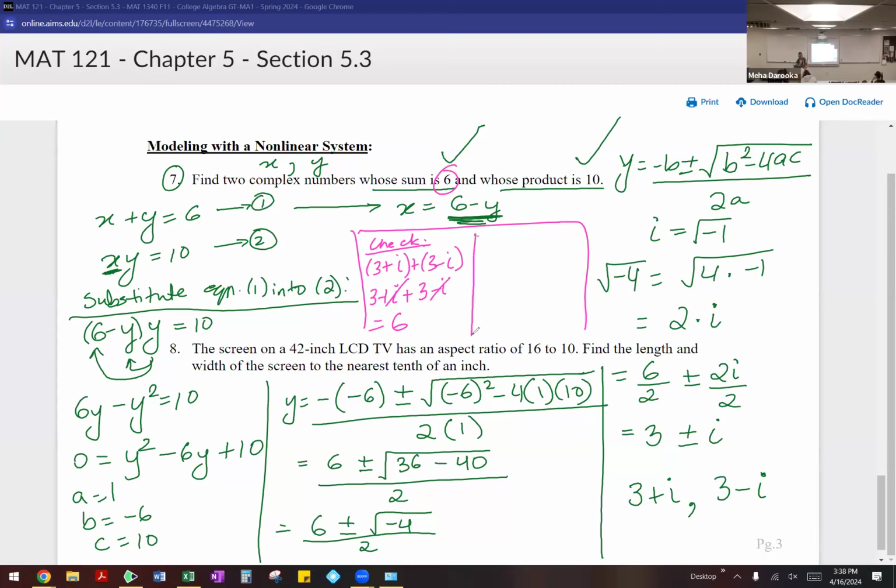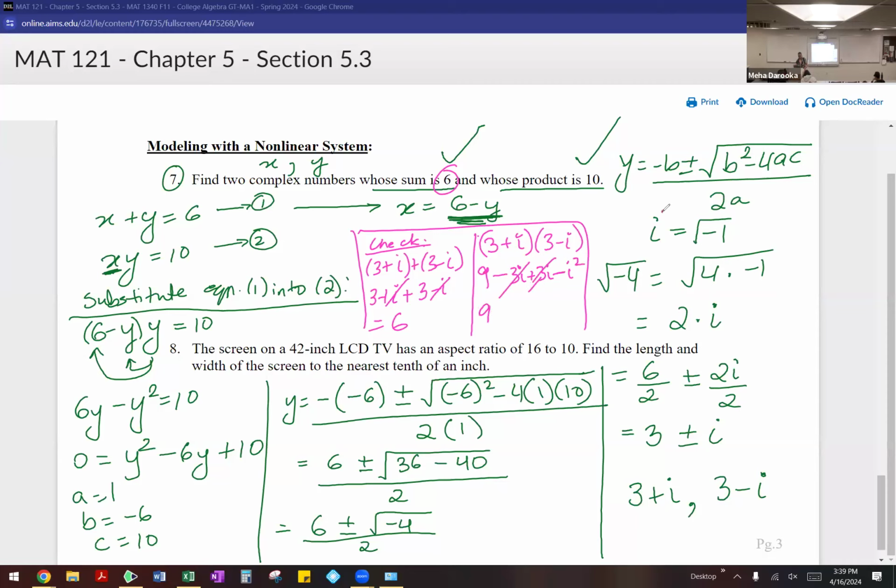That checks out. For the product, 3 plus i multiplied with 3 minus i, of course, we'll have to do FOIL. So 3 times 3 is 9. 3 times negative i is negative 3i. 3 times positive i is positive 3i, and then positive i times negative i will become negative i squared. Positive 3i and negative 3i cancel each other out. You're left with 9.